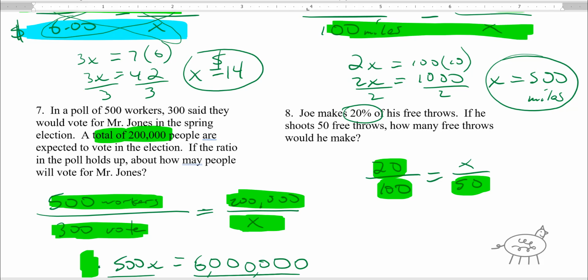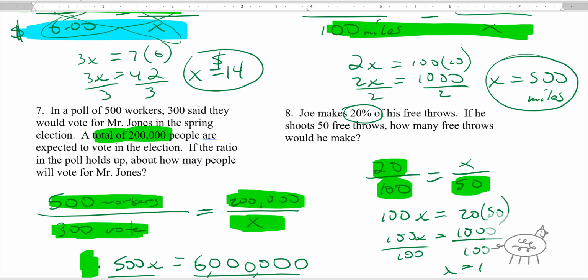If 20 out of 100 make free throws, how many out of 50? First of all, 100x equals 20 times 50. So 100x equals 1,000, divided by 100, X equals 10. So that's the answer for this problem.